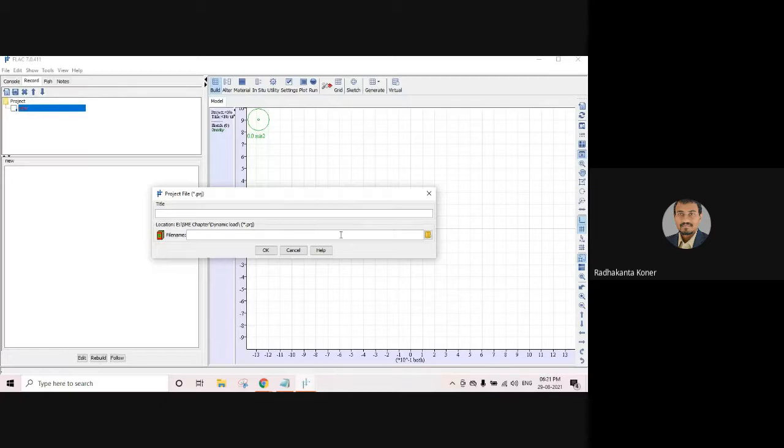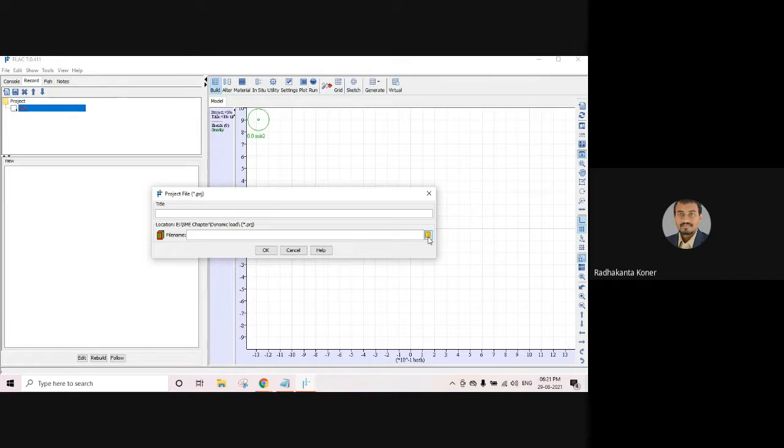After you click the OK button, a window will come up asking you to give the file name. In a Microsoft window we are very much habituated: after you click the save button, it asks for the file name.